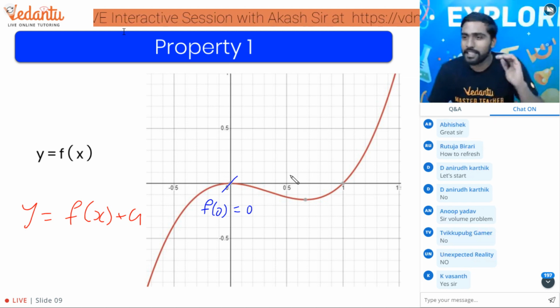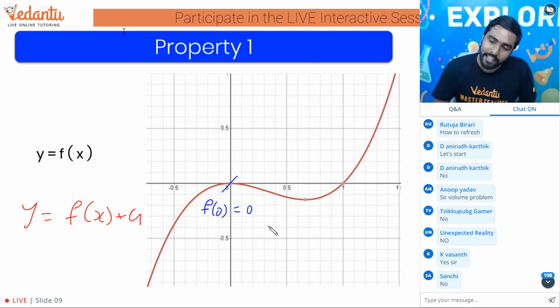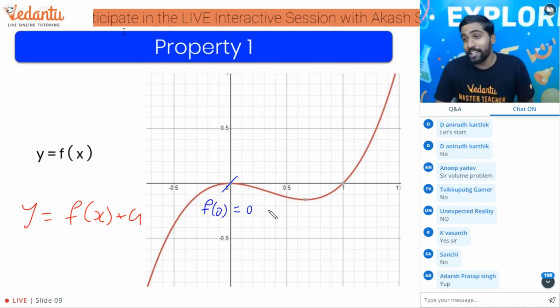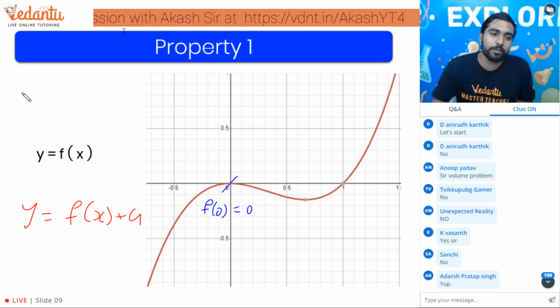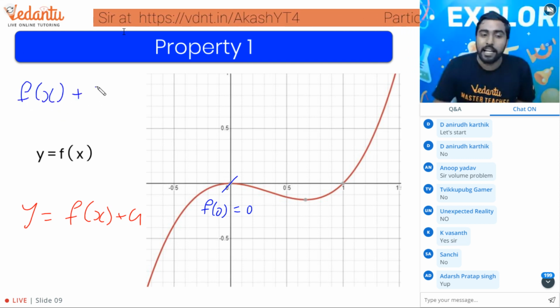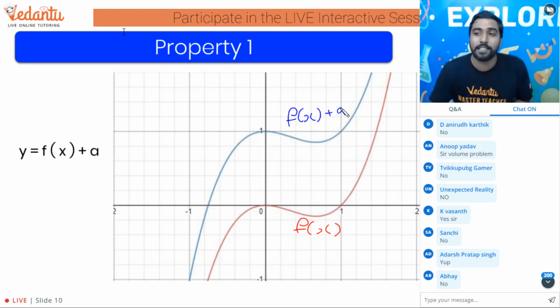So first, let me take f of 0 is equal to 0. So what will happen? Whether a is positive or negative, both graphs are correct, Aditya, yes, you are correct on that matter, but we are assuming. In the first question, I asked you for f of x plus a. I showed you the graph of f of x plus a, and I told you that it is lying upwards.